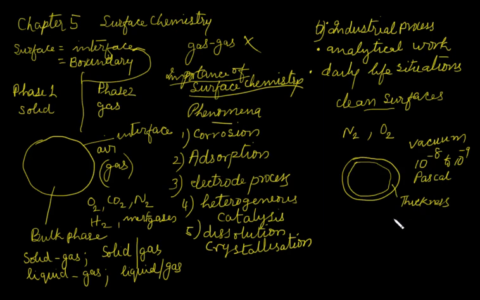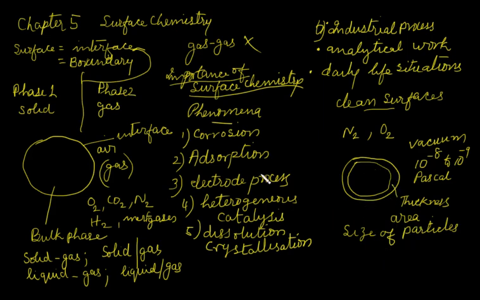Apart from this, it also has area. Area of the interface depends upon size of particles. If the particles present in the substance are of big size, then the area will also be big. It will have larger area if the particles are of bigger size and vice versa.